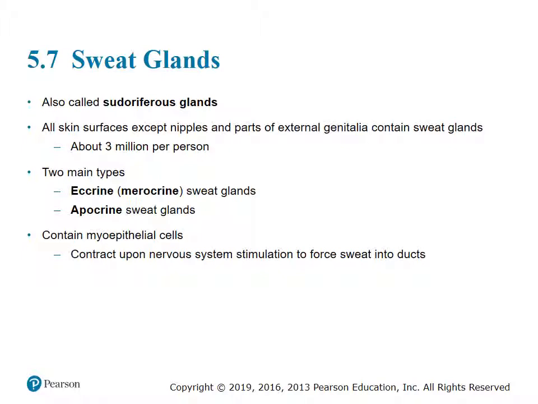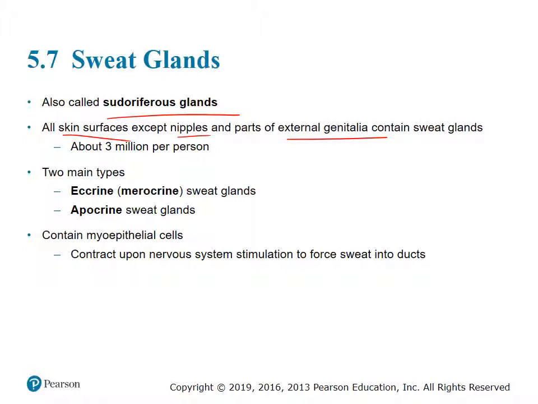Okay, let's talk about the two glands here really quick, then talk about some of the subsets of those, and then try to finish this off. Sweat glands are called sudoriferous glands. You find those on all skin surfaces, with the exception of the nipples and part of the external genitalia.